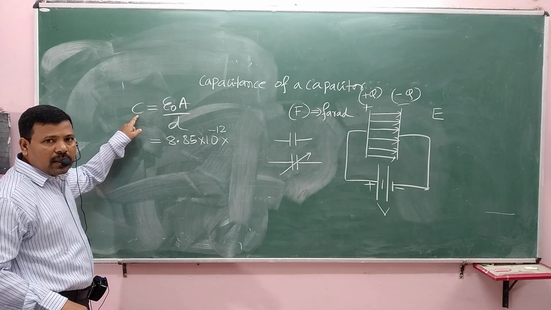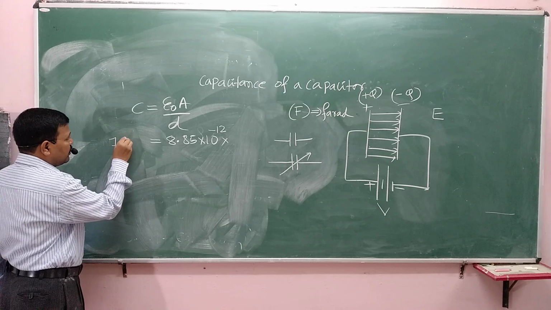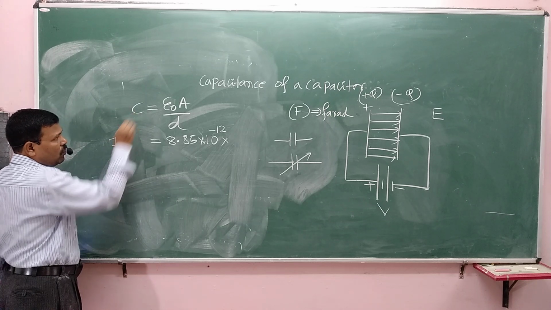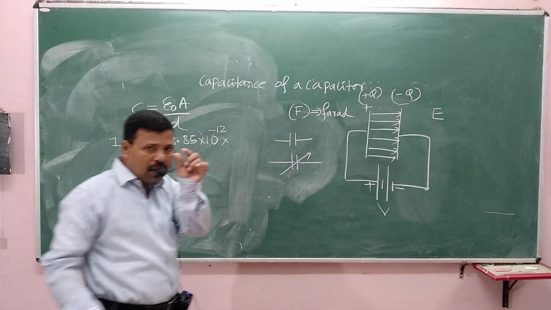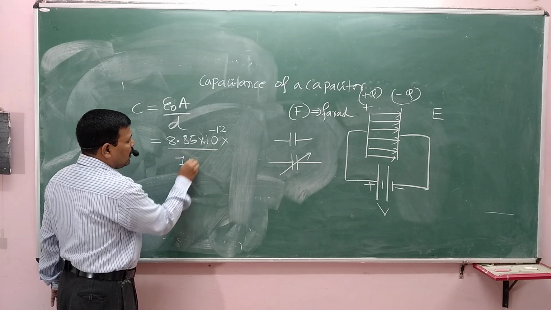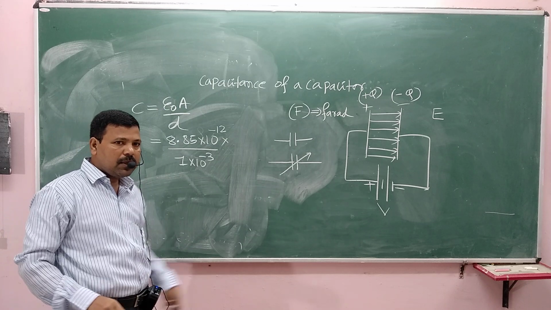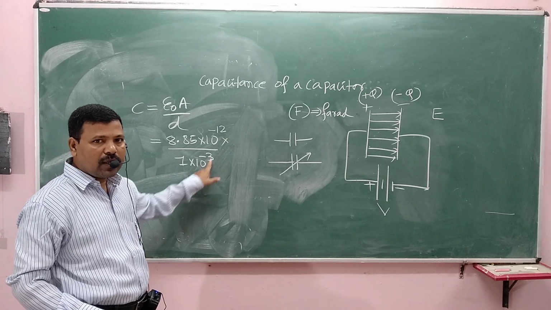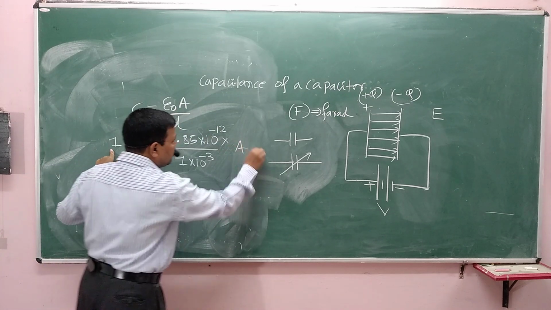Let us take the capacitance of the capacitor as 1 farad. The distance between the two plates, let us take it is 1 millimeter, which means 10 raised to minus 3 meter.